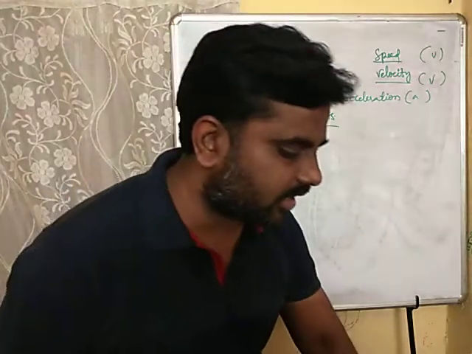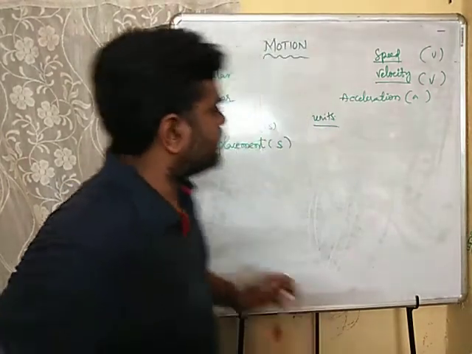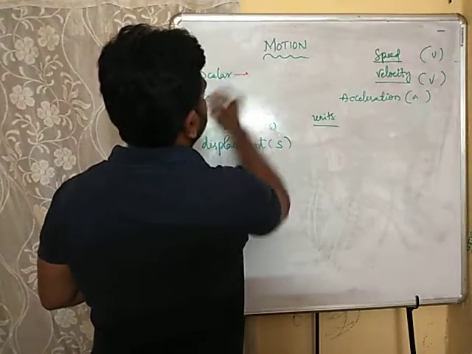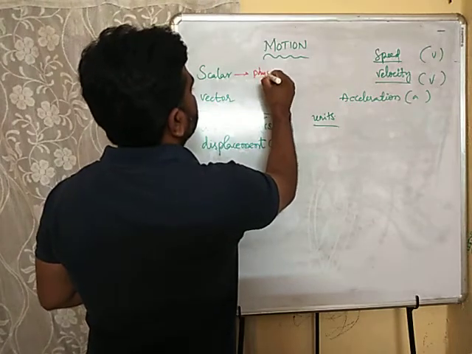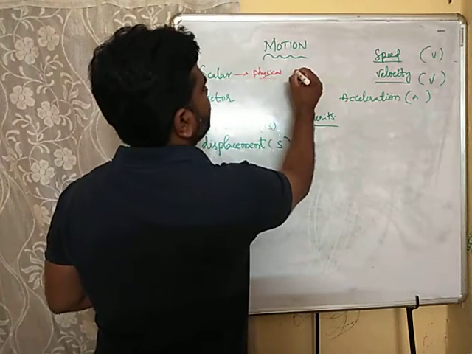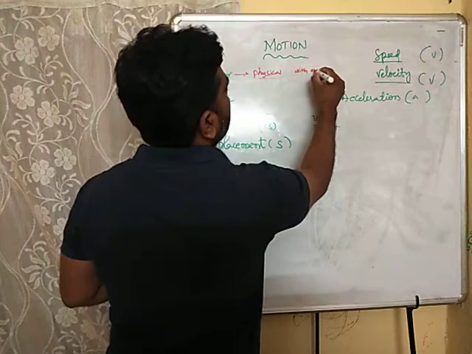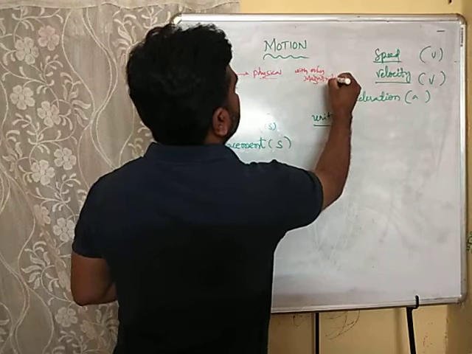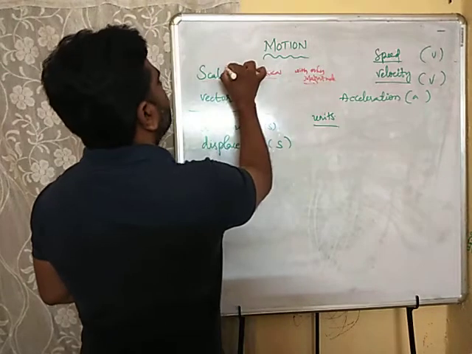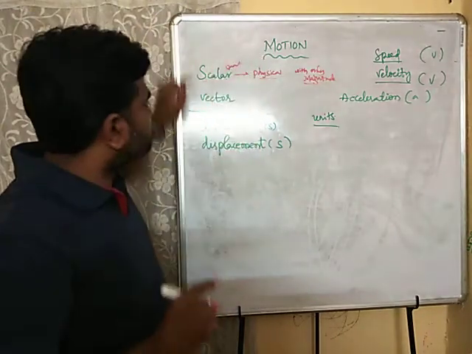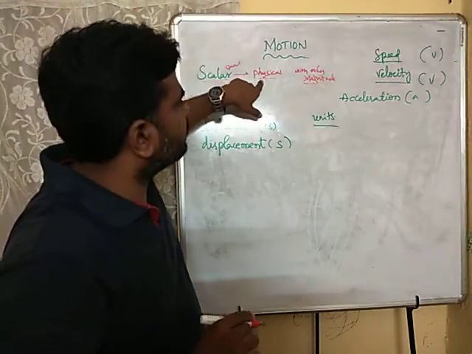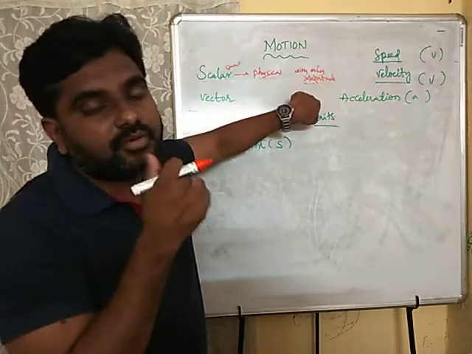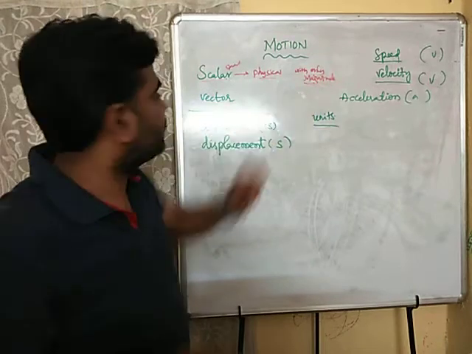What is a scalar and what is a vector quantity? Scalar quantities are physical quantities with only magnitude but not direction.